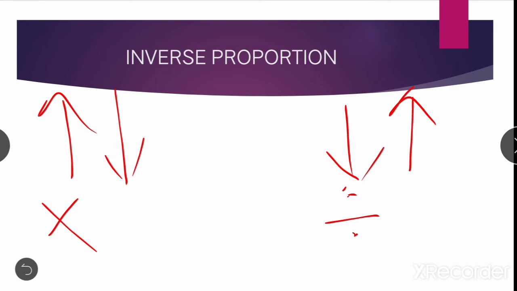And for inverse proportion, how do you know if a question is inverse proportion, because there is direct proportion also? I will be covering that in other videos. How you know is that inverse deals more with work. Most times, questions that have to do with work: few men can do a certain job in certain days.